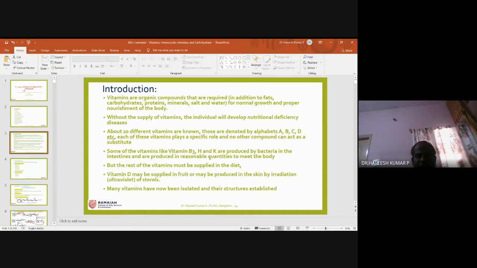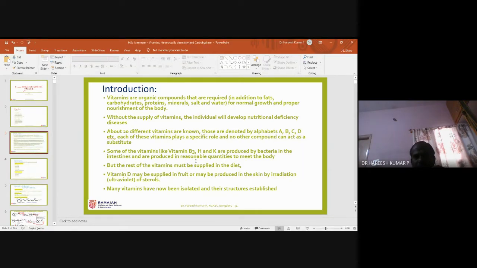Some of the vitamins like B3, which is nothing but pantothenic acid, H, which is called biotin, and K, which is called phylloquinone, are produced by bacteria in the intestine.